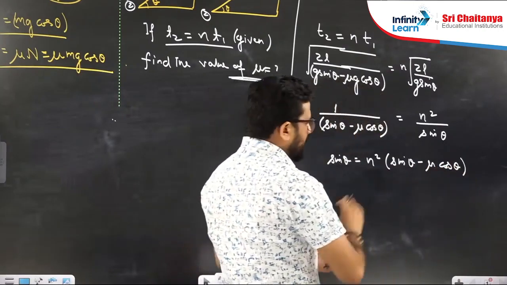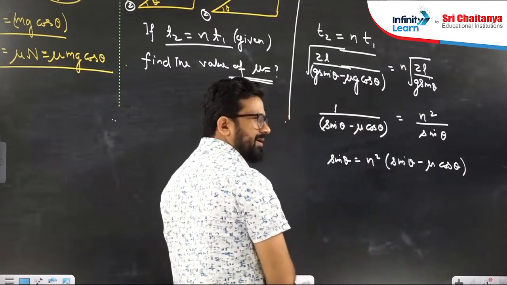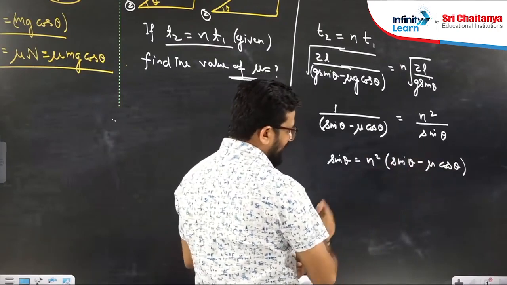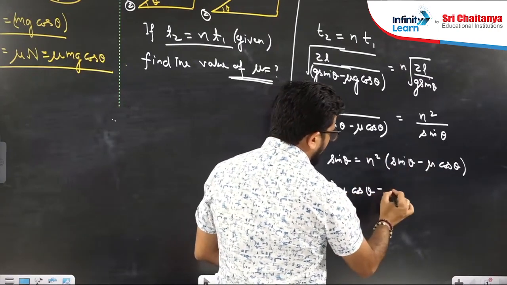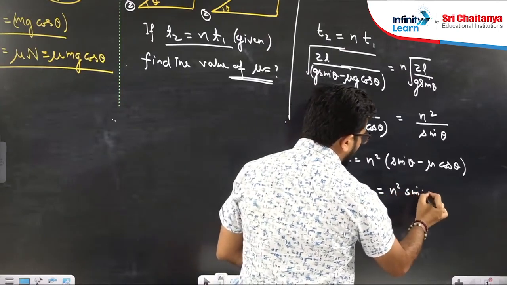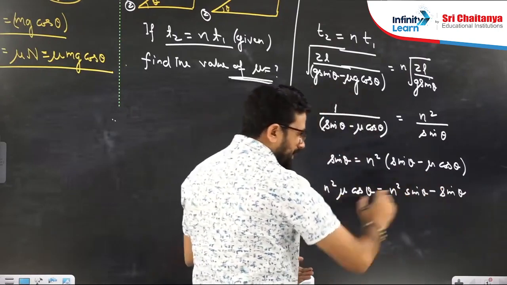Okay. Now from it we have to find mu. The mu term I am taking to one side and all other terms to the other side. That means n square into mu into cos theta is equal to n square sin theta minus sin theta. Sin theta can be taken common here also.